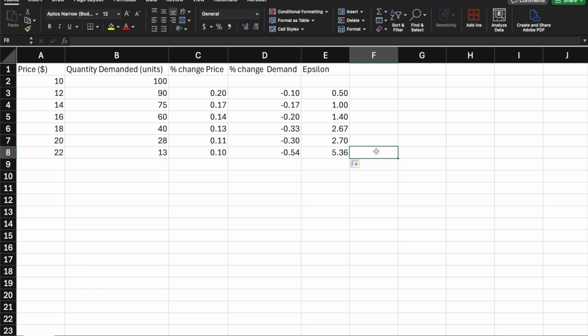It just means that it's more and more elastic. It responds more to the price changes than it did clear up here, in which it was only 0.5. Okay, so we're going to use this to talk about the extent to which changes in the price will change demand. That has a lot of policy and managerial implications that we'll talk about later in class. But hopefully this just gives you a quick little overview of how to calculate this.